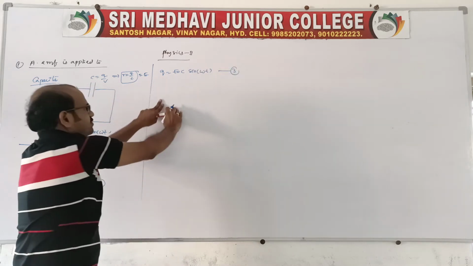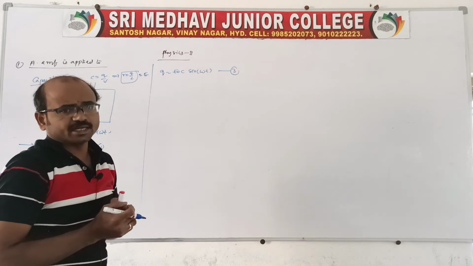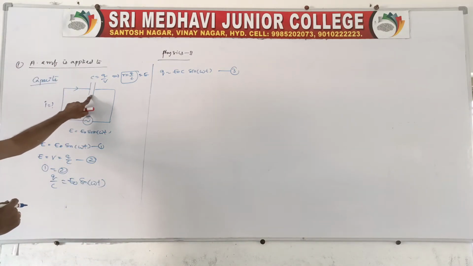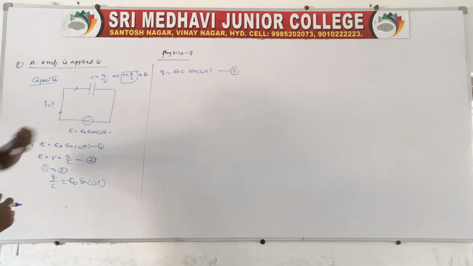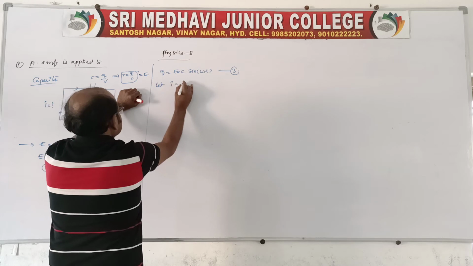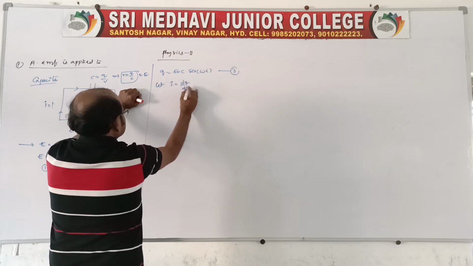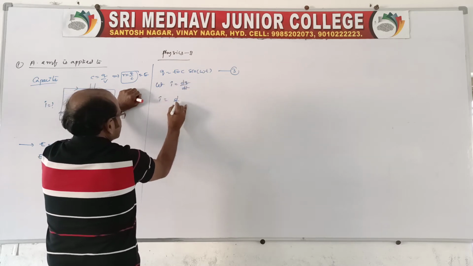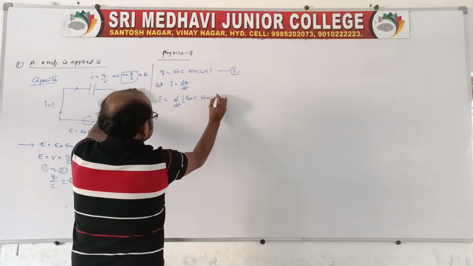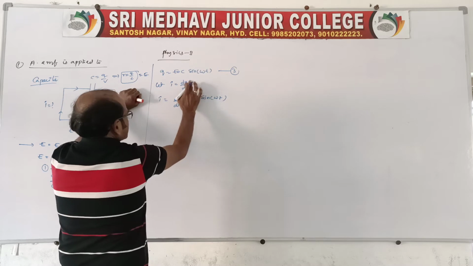Now from this equation we need to get the current, because I is flowing through the capacitive circuit. We know I is equal to dq by dt. Now differentiate with respect to time, and substitute here, replacing this q.